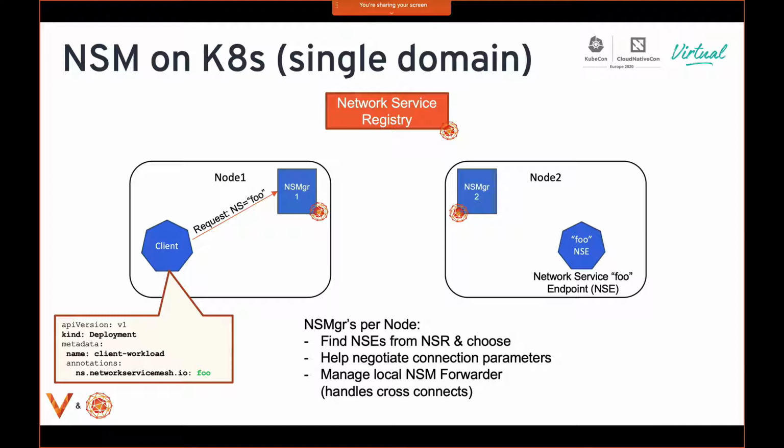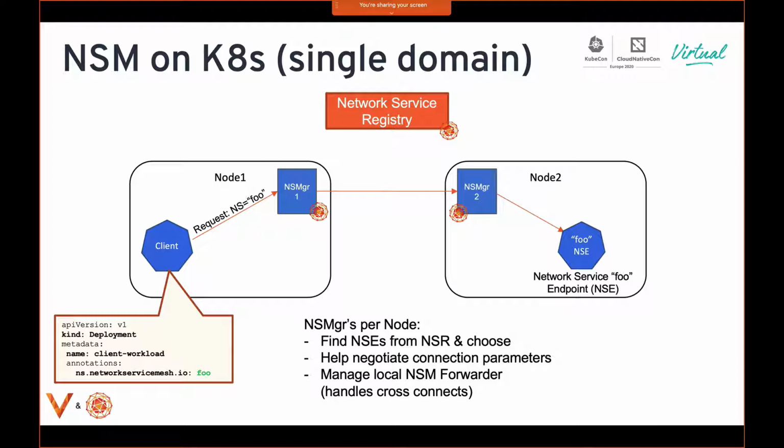And the network service mesh control plane does the actual lookup of the NSEs for that network service, chooses which NSE, and then forwards the request to the NS manager that's local to that NSE. And that NS manager will then forward the request to the actual NSE. So there's kind of layers of connection parameters being exchanged here.